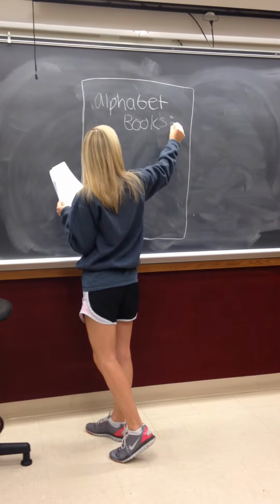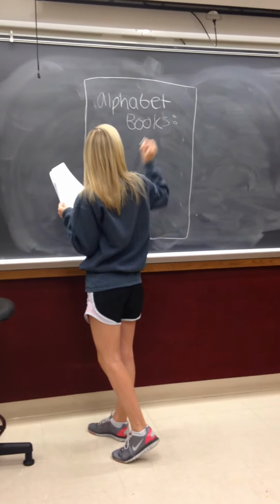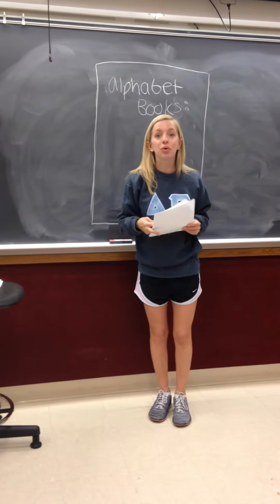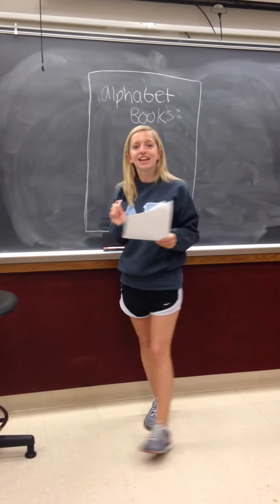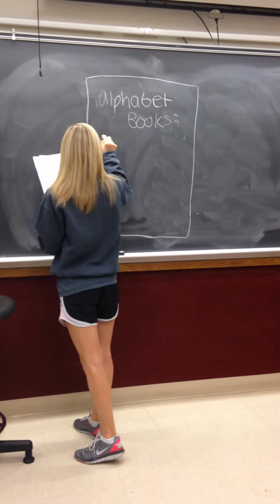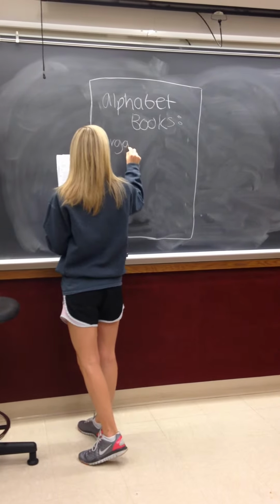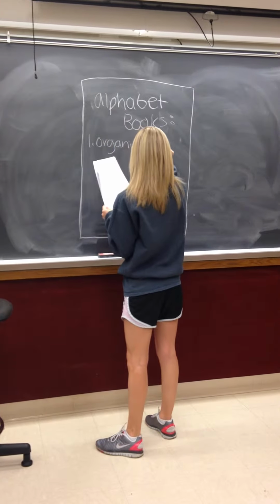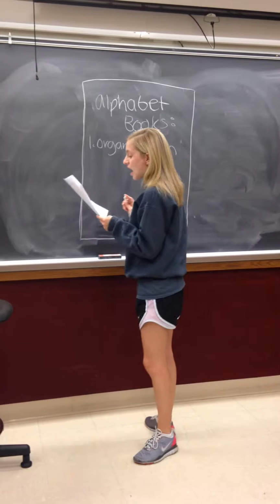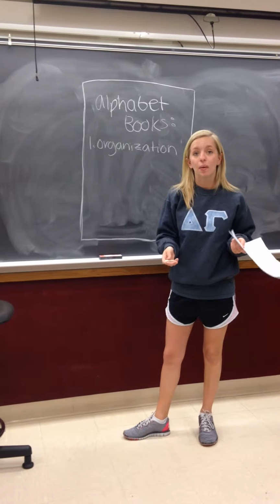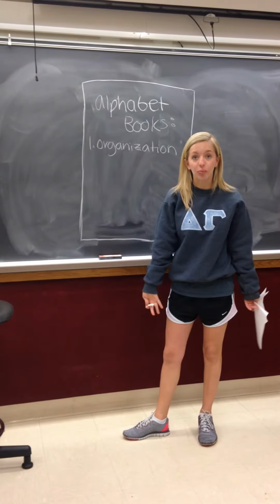What is a good use that you would use an alphabet book for? To put things together. Yes, exactly. So we use alphabet books for organization, to organize our thoughts, and we do this by organizing letters of the alphabet.